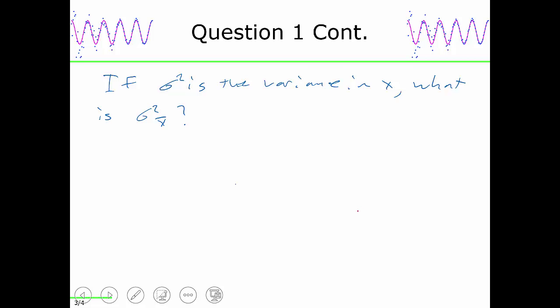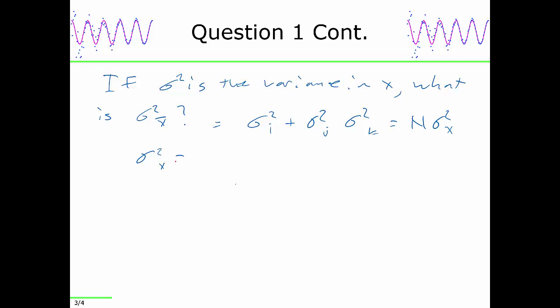If sigma squared is a variance in x, the variance in x bar is going to be sigma squared. Let's see, the variance in x bar will be sigma squared 1 plus sigma squared 2 through sigma squared n, is n sigma squared x, right? So therefore, sigma squared x bar equals 1 over n sigma squared x.